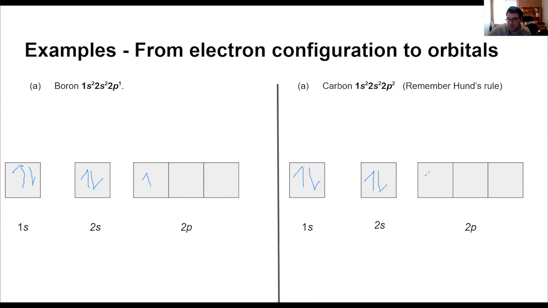Now, one of the things I want to point out just here, and this is one of the traps we will try and trap you on when it comes to a chemistry exam, is that it's so easy to go, oh, there are 2 electrons, one's up, one's down, but you'd be incorrect. That's because of Hund's rule. What will happen is the second electron will actually fill a second orbital.